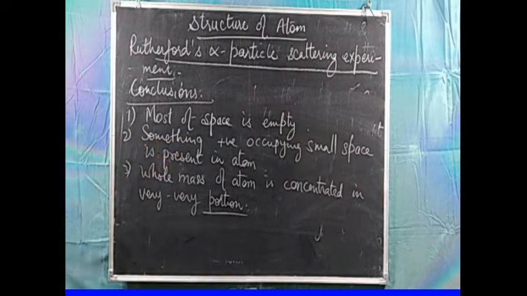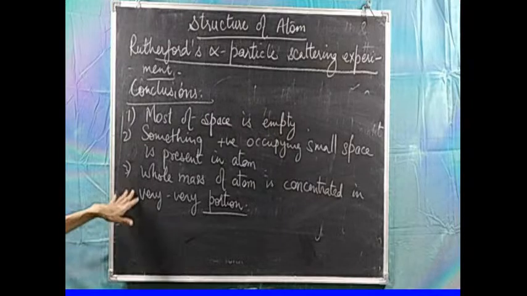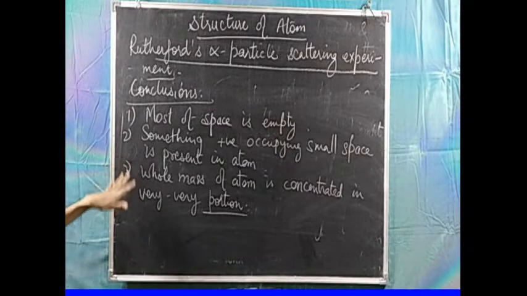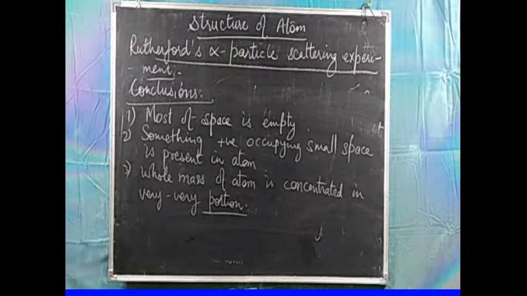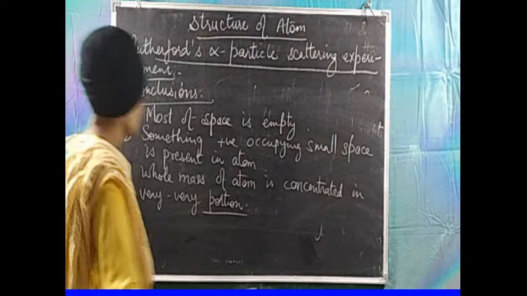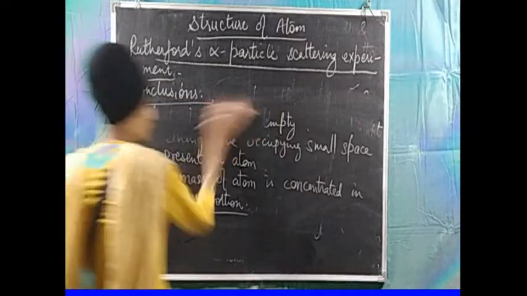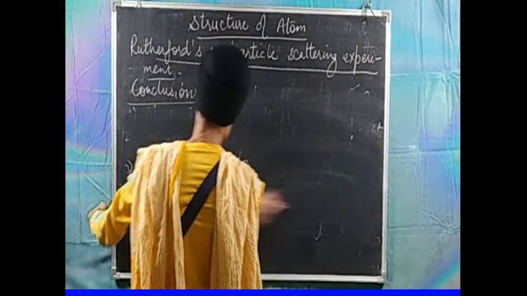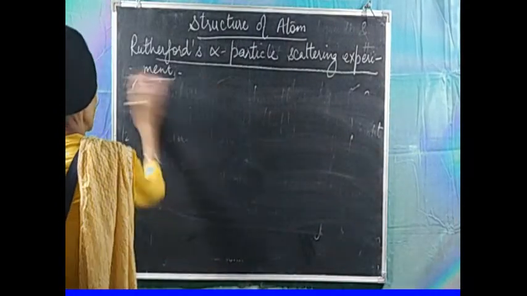It gave an idea to Rutherford that there is a positive nucleus which is present in the center of the atom, and the mass of the atom also is residing inside the nucleus only. So now let us tabulate the main postulates.